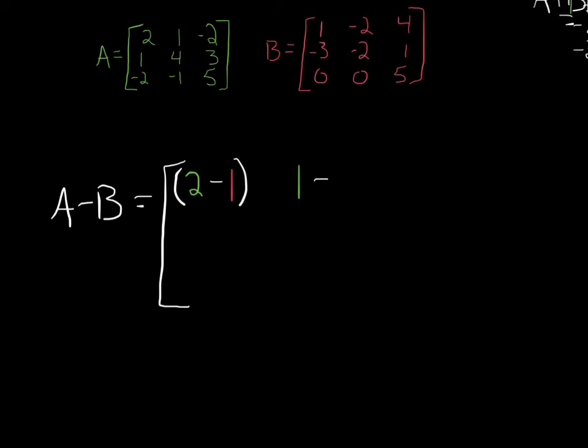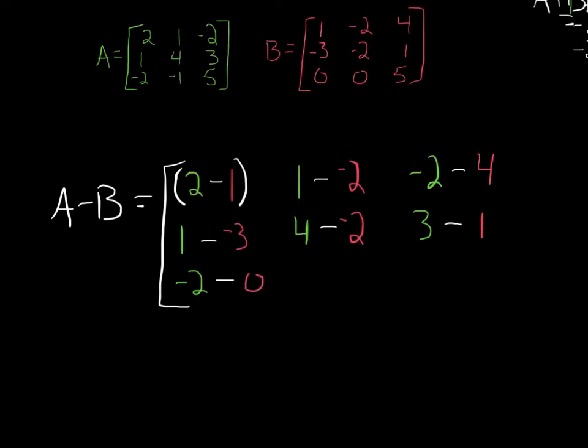So 1 minus the negative 2. Negative 2 minus 4. 1 minus negative 3. 4 minus negative 2. 3 minus 1. Negative 2 minus 0. Negative 1 minus 0. And 5 minus 5.